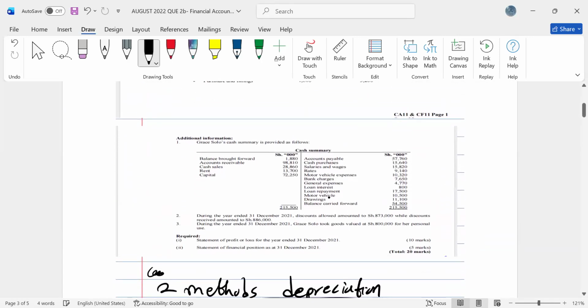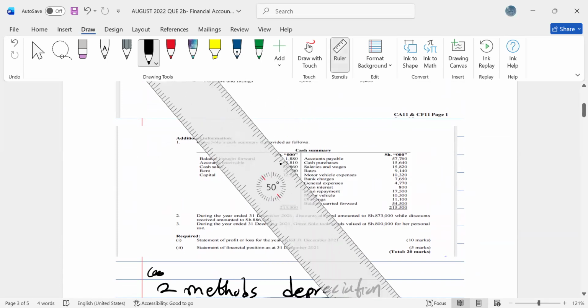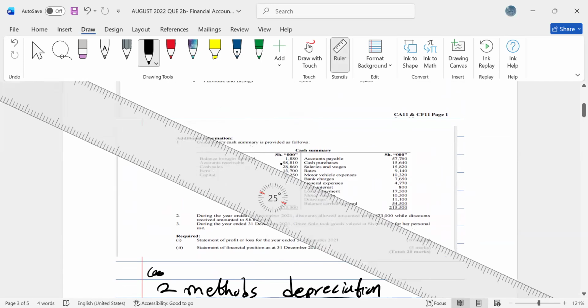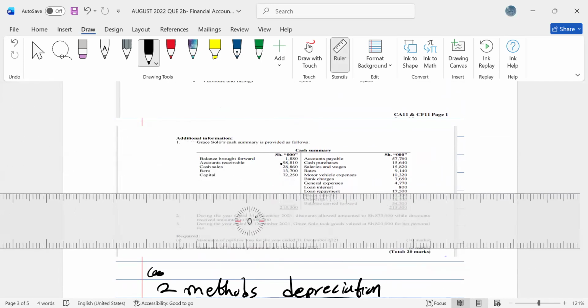Yes, loan repayment. Loan repayment was how much? Was it 17,500? Yes, 17,500.